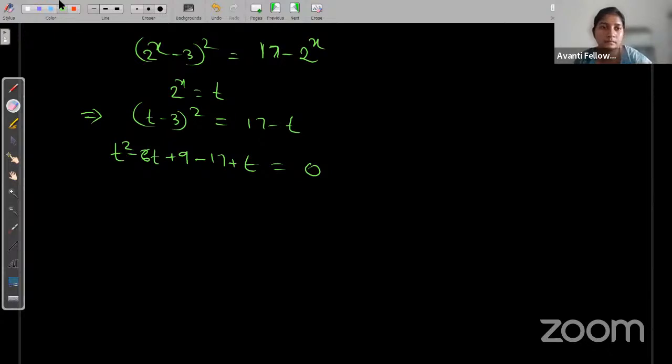Okay. So this is nothing but t square minus 5t minus 8 equal to 0.